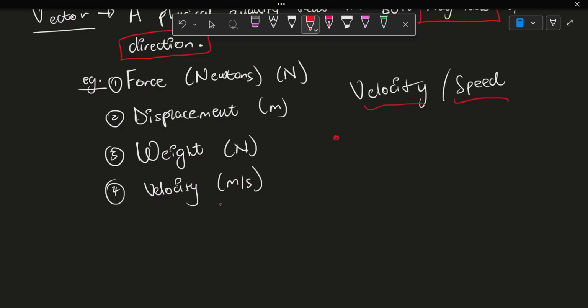Yes, they are both measured in meters per second, but when I look at my velocity, I'm looking at 10 meters per second east, or to the east. And when I look at my speed, I am looking at 10 meters per second, right? So that is the difference between speed and velocity.